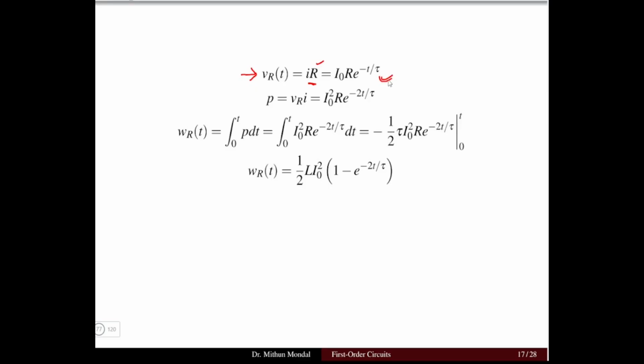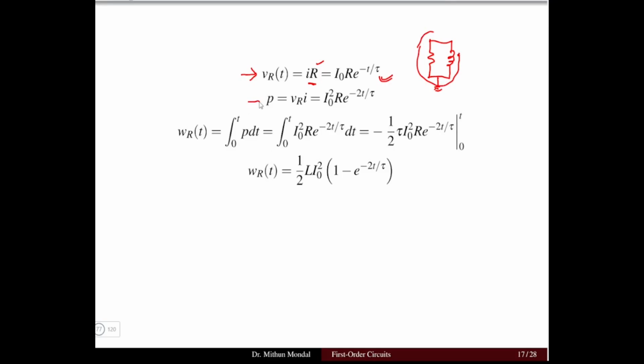Now why is the current the same? Because it is a series circuit. We have a resistor and an inductor, both in series, so the same current is flowing in the circuit.